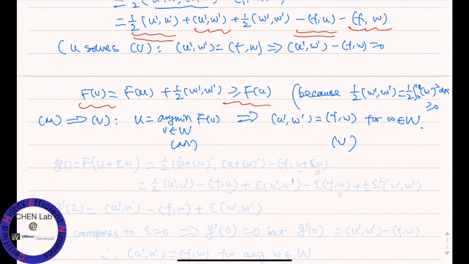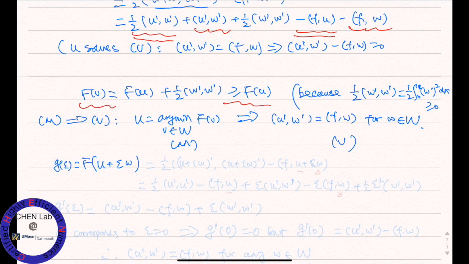So for that, we basically look around u. I perturb u, so I add a small epsilon times any w, all right? I look at this guy, and this is for any w, this is a function of epsilon.